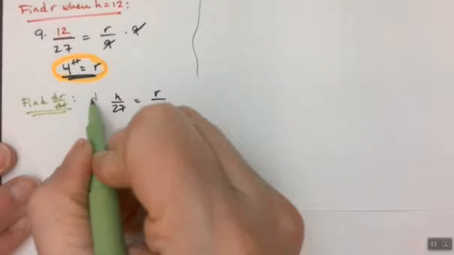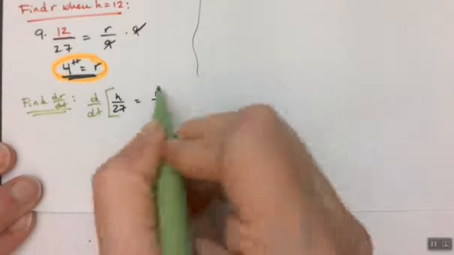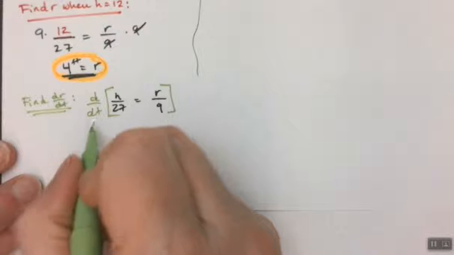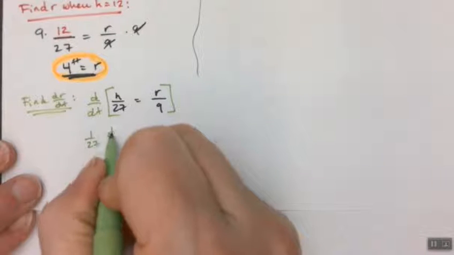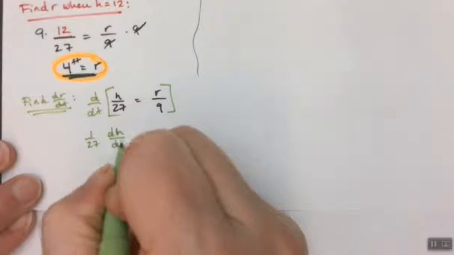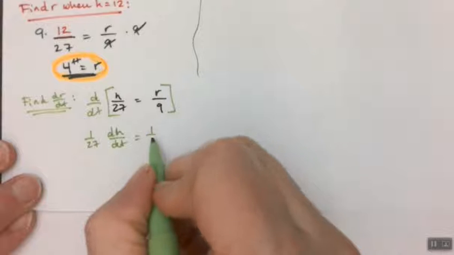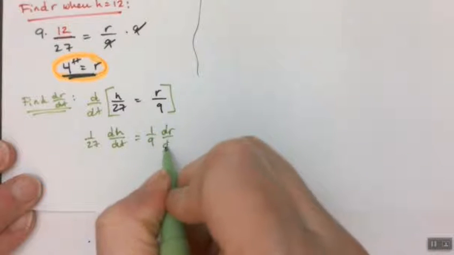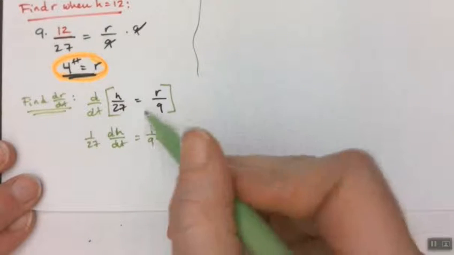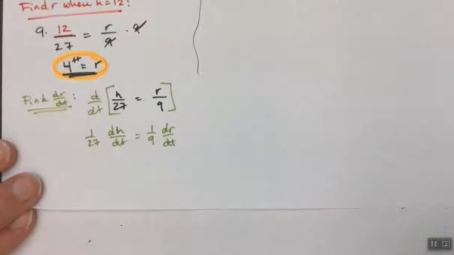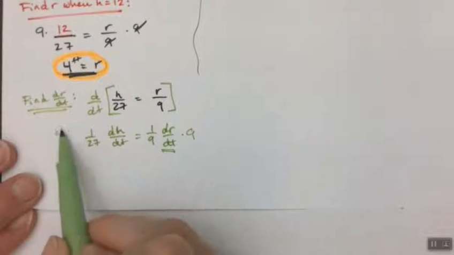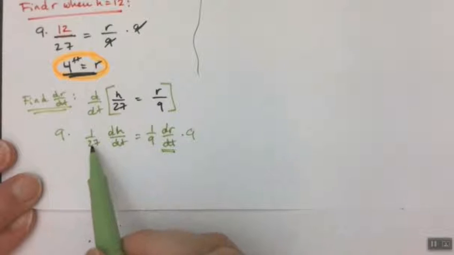So I'm going to take d over dt of both sides of this. That would be 1 over 27 dh dt equals 1 over 9 dr dt, right? Because the 9 and the 27 are denominators, so they're fractions, and they're constants. If I'm going to solve this for dr dt, I just multiply both sides by 9, and 9 goes into 27 3 times.